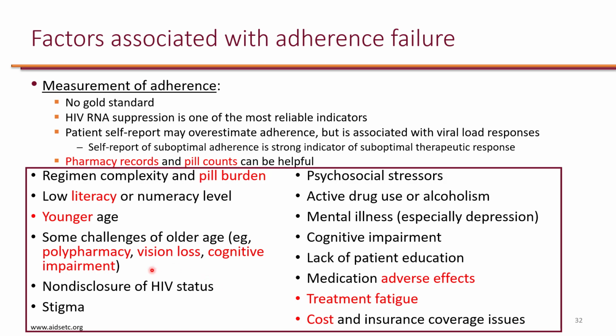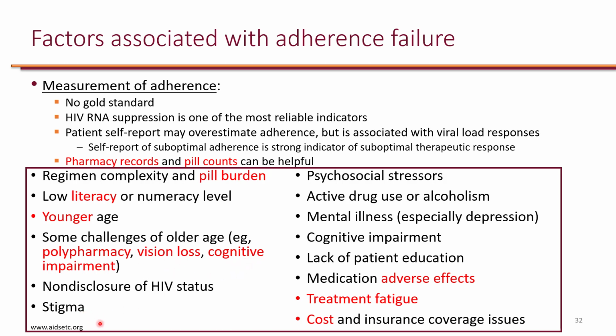So if somebody has to go through 10 bottles, that's cumbersome. Some elderly have vision loss, so they may not be able to read the label even if they have the literacy, or they may not see where their medication is. And of course, as we age, we may have cognitive impairment, so they may be confused, they may not remember if they took it or not. They might think that they already took it, but they didn't, so that can lead to adherence issues.